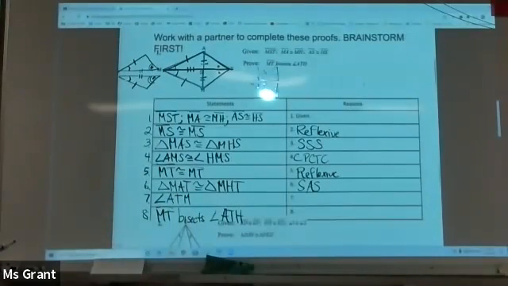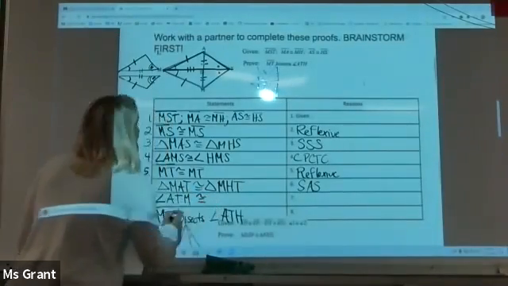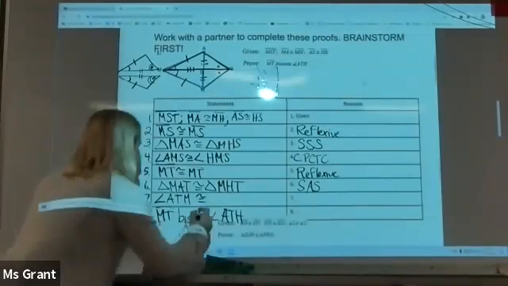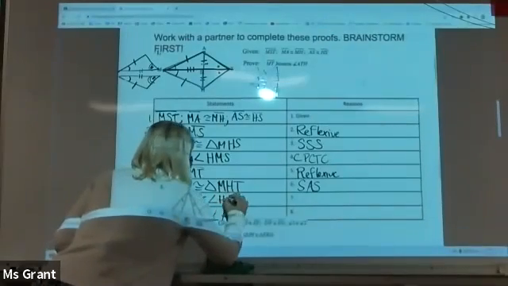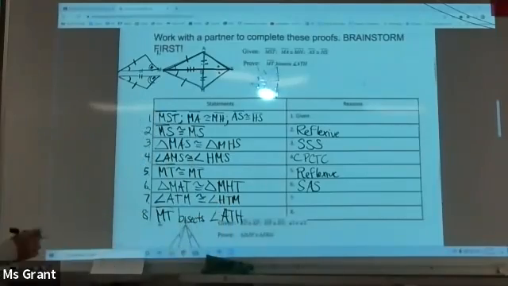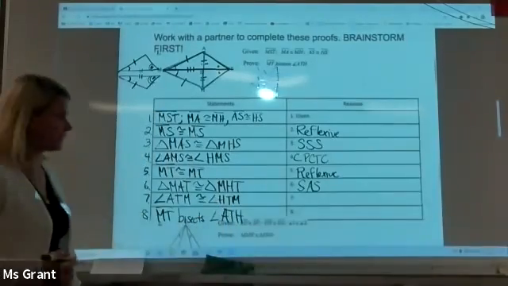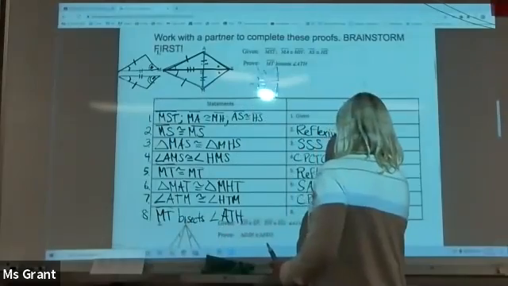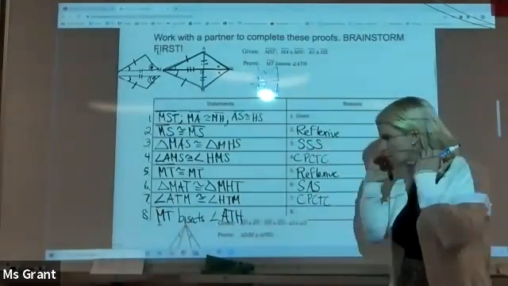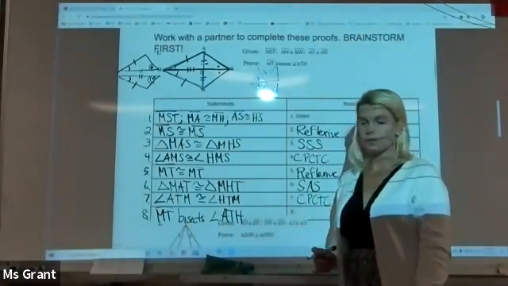Angle ATM, because we're done with S now. We're done with the small blue triangle. ATM is congruent to HTM. And that's CPCTC. We're done. This is it.